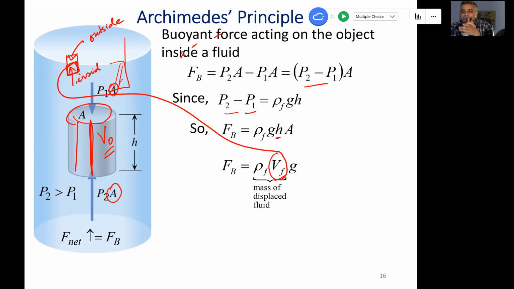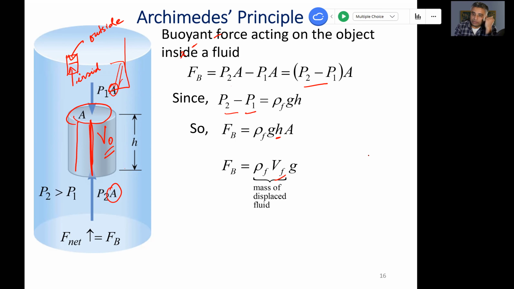So let's keep that in mind. It's not always equal to the volume of the whole object. It's equal only when the whole object is inside the fluid. If it is partial, then it's going to be only the part of the volume that's inside the fluid. So let's keep that in mind.